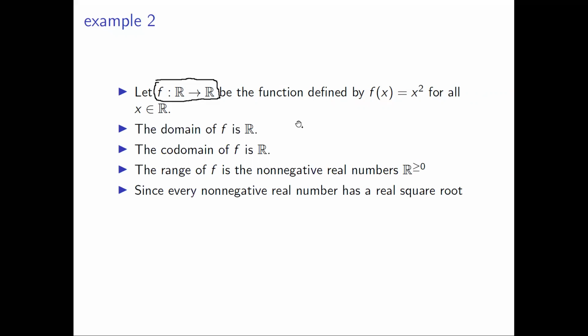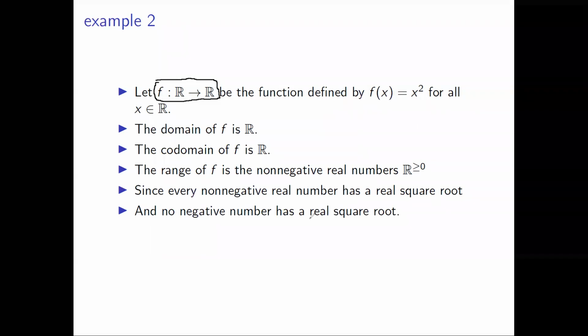So all of the non-negative real numbers are in the range. And any negative real number does not have a square root. There's no value of x in the real numbers which satisfies x squared equals a negative real number.